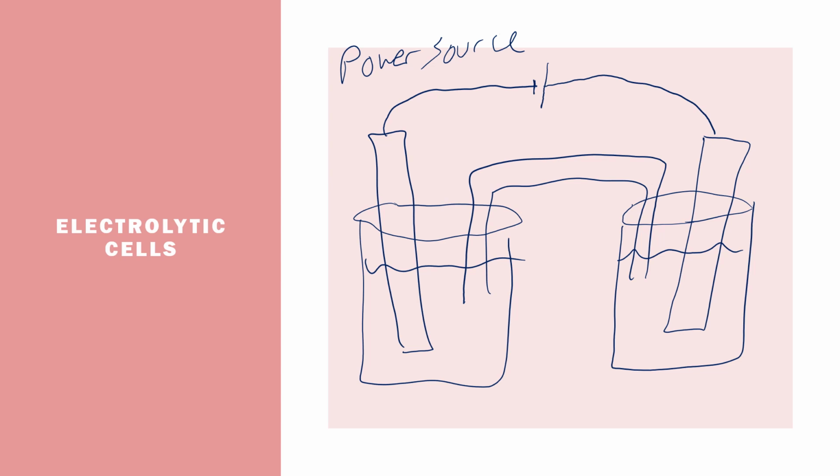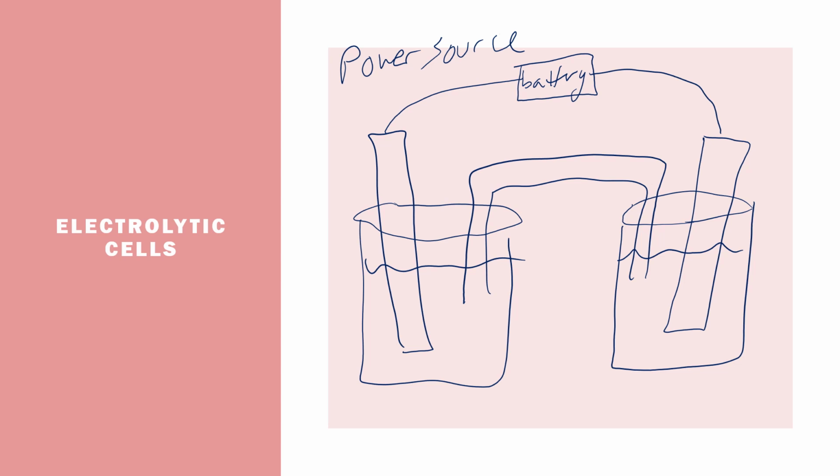I'm going to draw it with a battery just to make it really clear that that is a source of power, right? That is what's driving this reaction. Now the battery itself is what's pushing the electrons through and creating an electrical current.